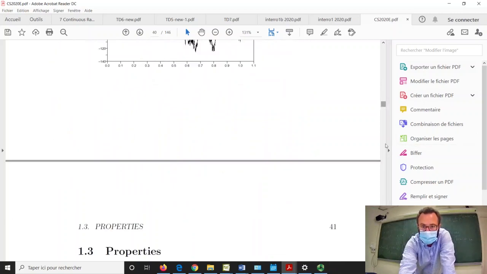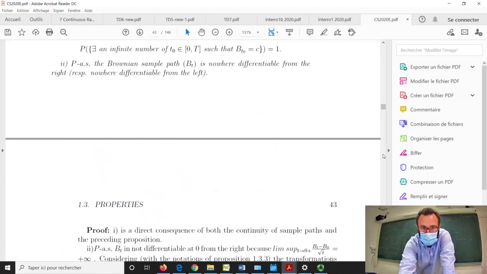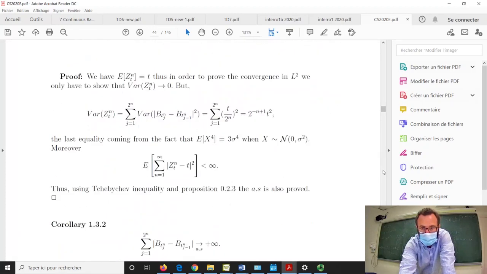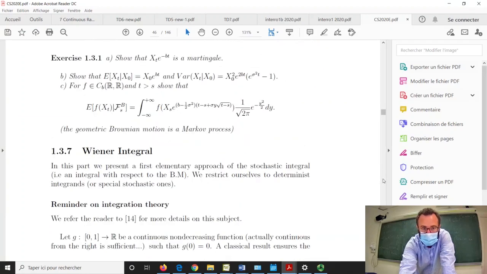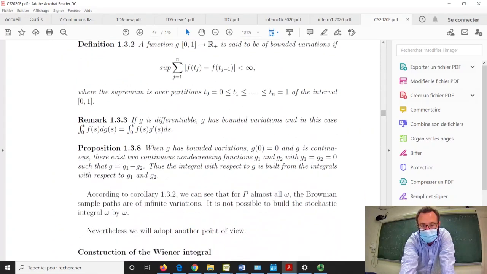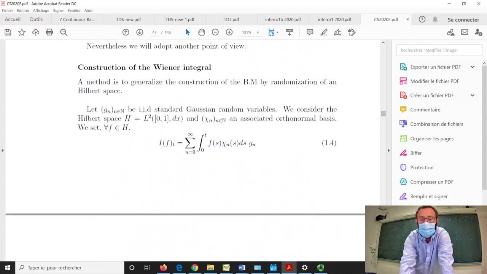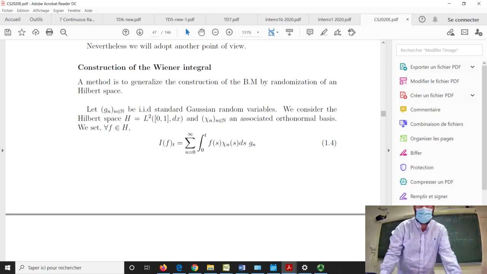It is explained quickly, with less detail than what I have done, in part 1.3.7, called the Wiener integral part, where I do exactly all the job I have done here, but very shortly. I give you directly the formula that I have justified on the board here.